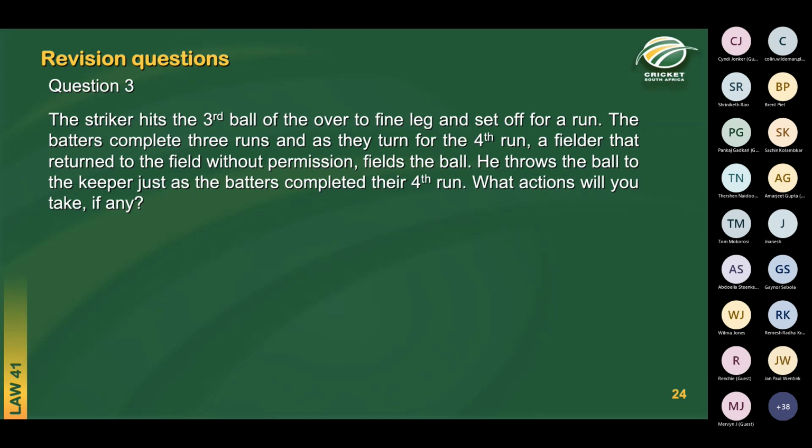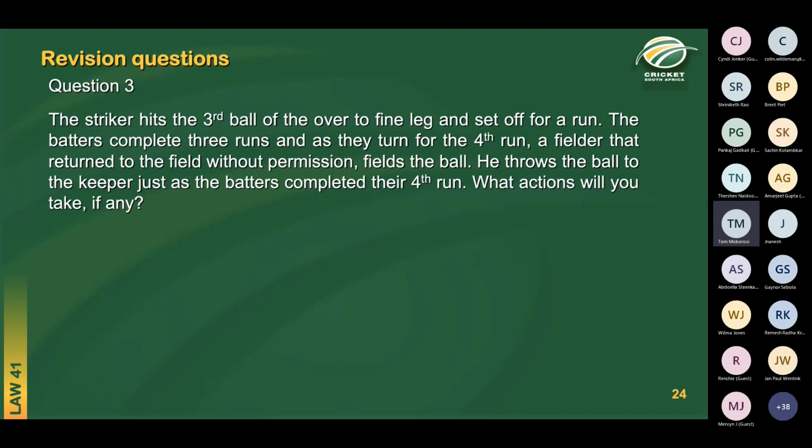First of all, after you've called and signalled dead ball, you will award any wides and no balls if applicable. And then you will also award all the runs that have been scored prior to the fielder coming in contact with the ball. If they have crossed, the completed runs will be awarded to the team. And if they have crossed for a further run, then that run will also be awarded. But if they haven't crossed, then only the ones that have been completed will be awarded.